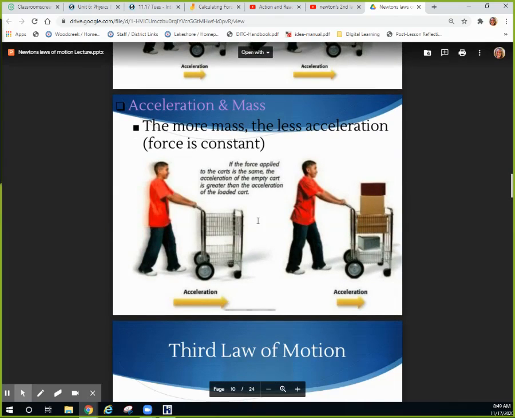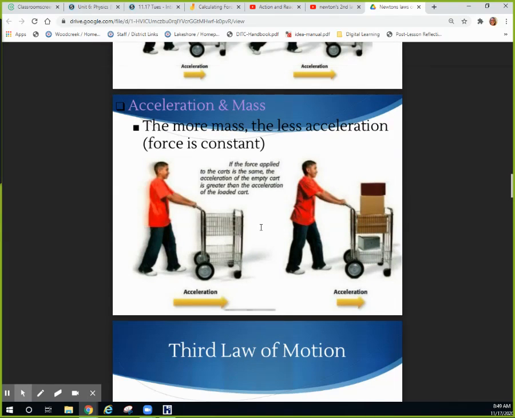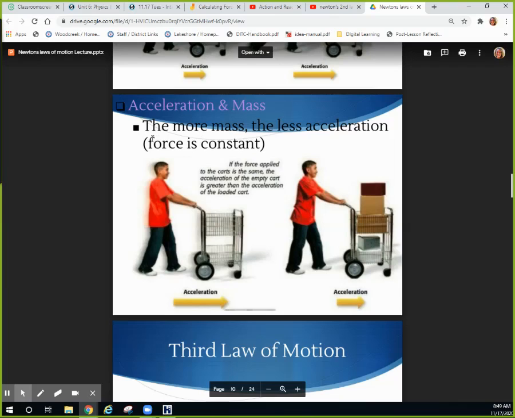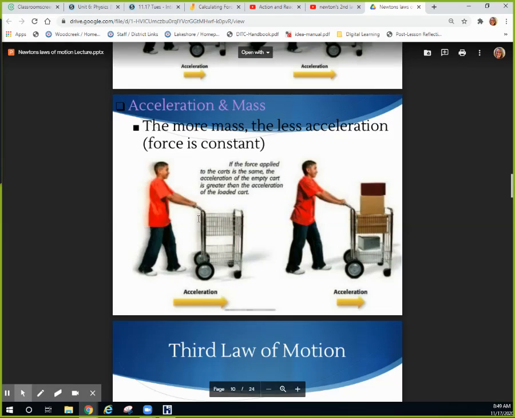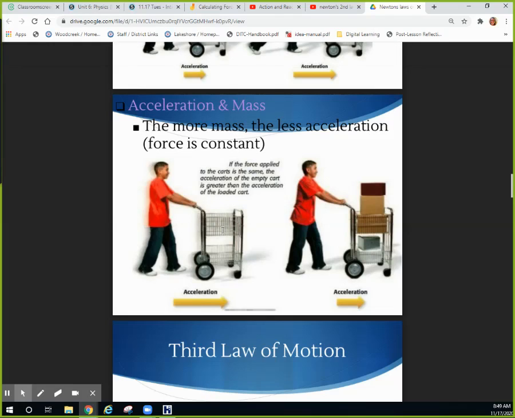When mass is not constant, the more mass, the less acceleration. He's using the same amount of force in both of these examples. But with the empty cart, because it has less mass, it accelerates much faster. It's much easier to push an empty basket. You go to the grocery store and you get that basket out and you start grocery shopping with your parents.